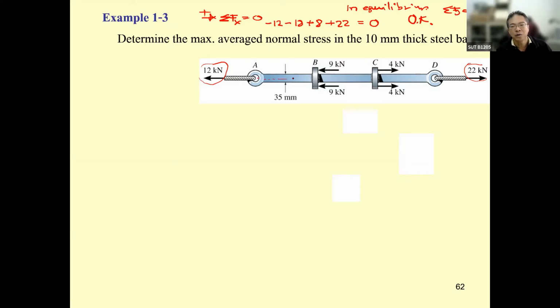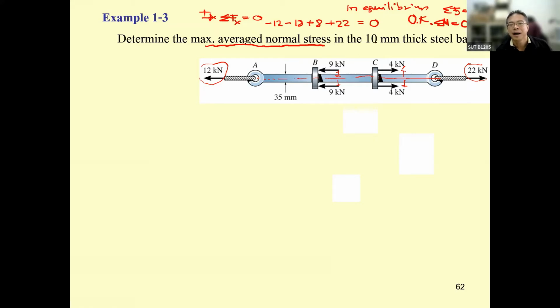And due to the force applied passing through the centroid of the section, and also the length over here, they are equal. Okay, if you take summation of the moment equal to 0, this one is going to be in equilibrium. Okay, now we'd like to determine the maximum average normal stress for this member.